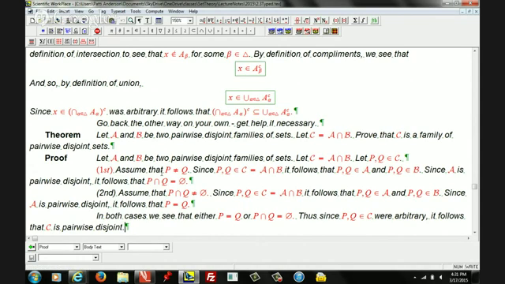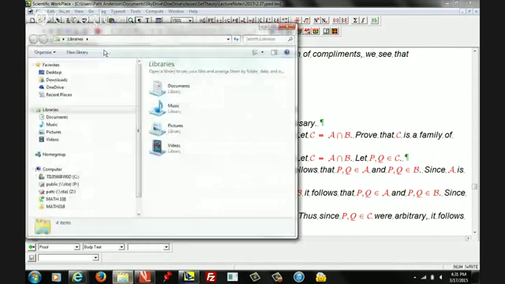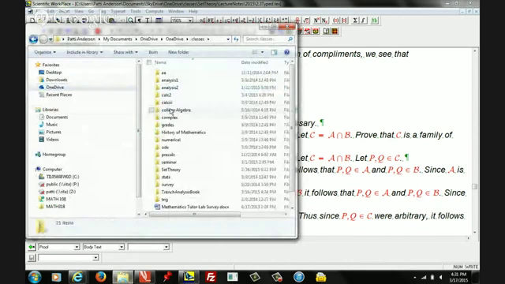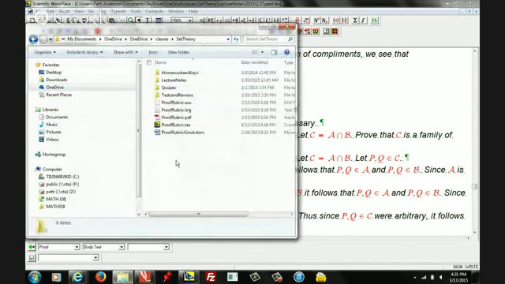Okay, you guys have a pairwise disjoint on one of your homeworks. Let me put up your homework so you guys can see what it is. And that's the one you're going to work on in class.